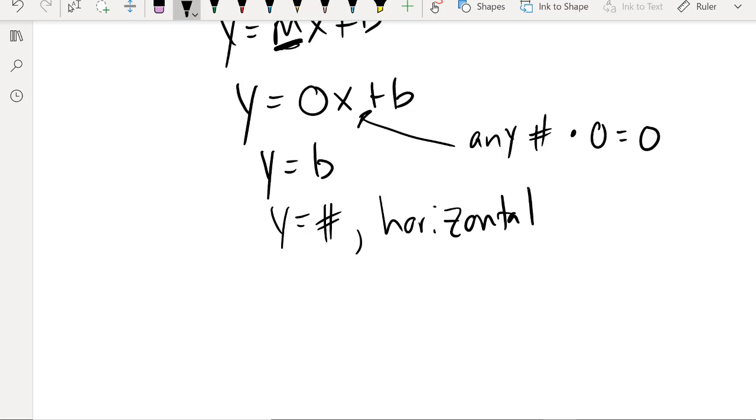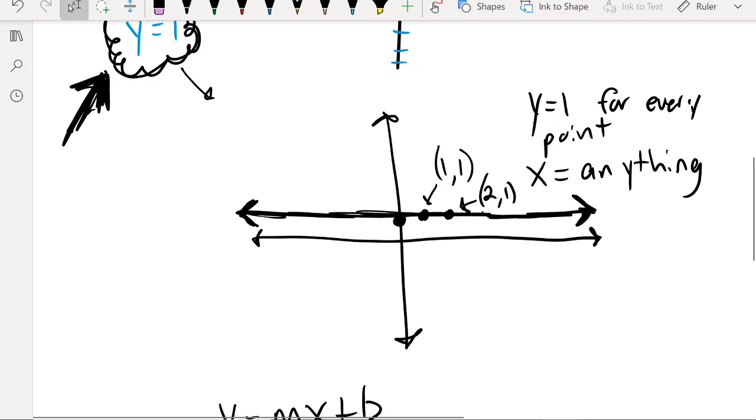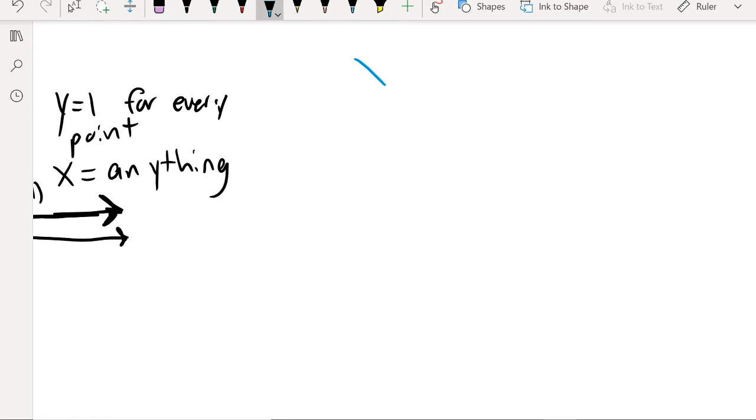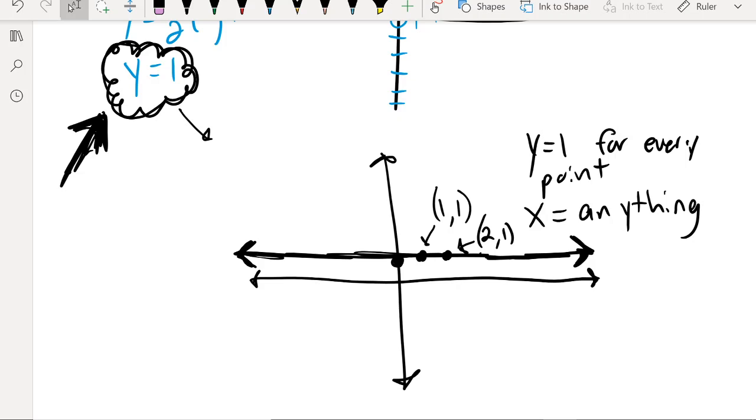Boom, there we go. Now, the x is a little bit harder to do. So before I do the x, let me back up and give you an example of when x is equal to something. So let's say x equals 1, okay? Now, we already did y equals 1, so you're like, okay, horizontal line, so x equals 1, that's going to be a vertical line. It's the other one, so it's going to look different. And yes, that is one way to do it.